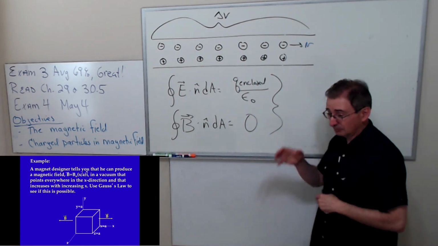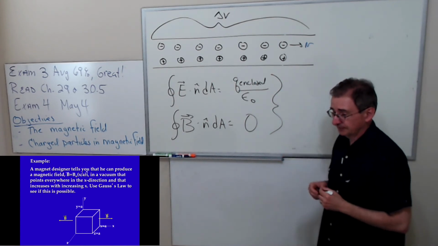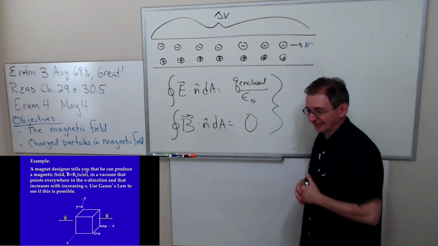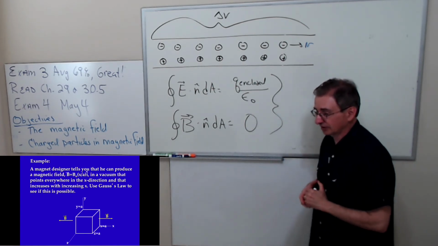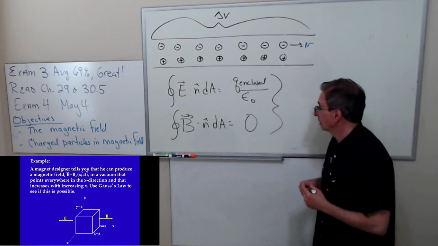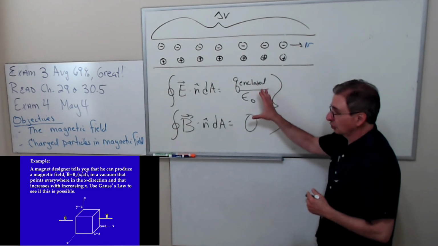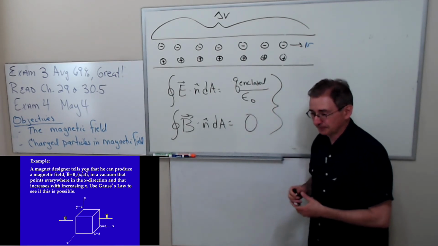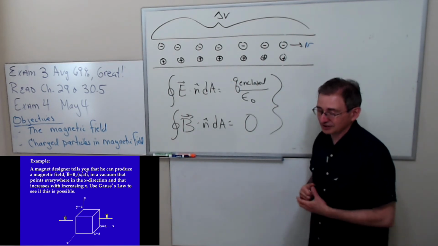These are two of what are called Maxwell's equations. We're going to see two more later on, and they're going to come in this unit. So three of the four Maxwell's equations are essentially in this unit. These are two of the four equations that we use to describe fields, most of anything in this course.